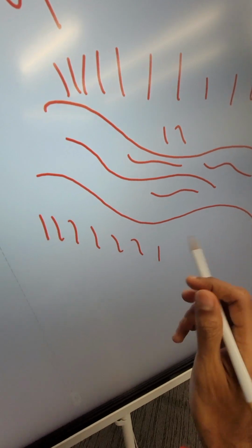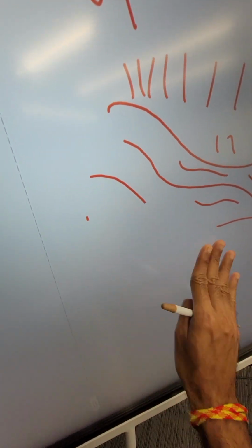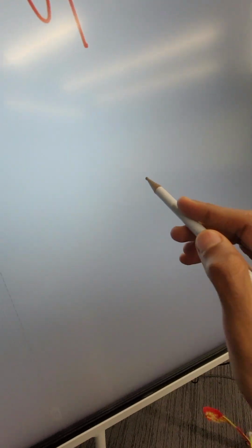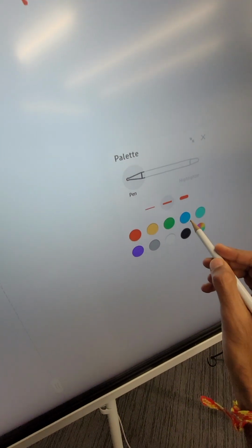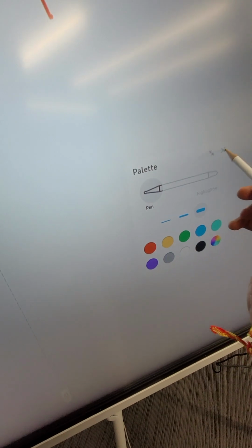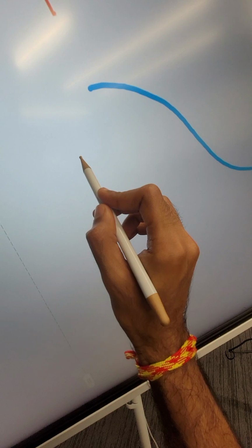So let me actually draw the river in blue. It's easier to understand that way. Blue, and let's keep it thicker. And so this is the river.